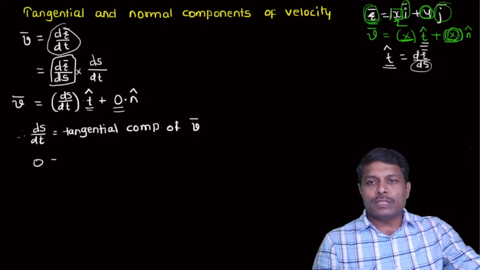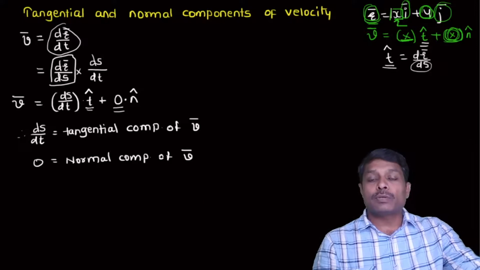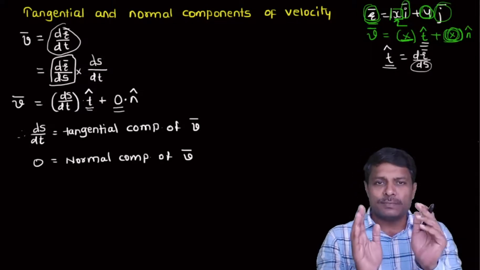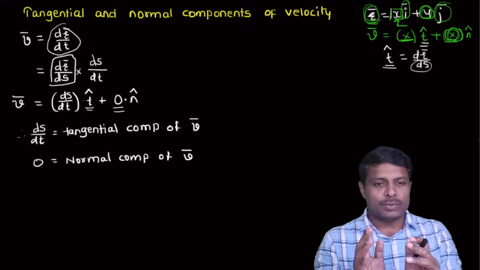So 0 is equal to the normal component of v bar. So keep in mind, the normal component of velocity is always 0, and the tangential component of velocity is ds by dt. This is a very short answer to this question.